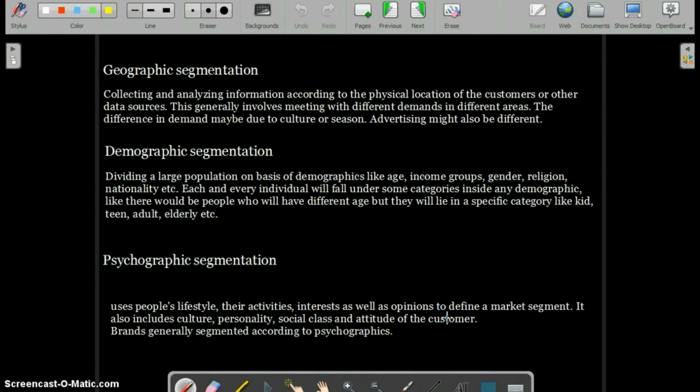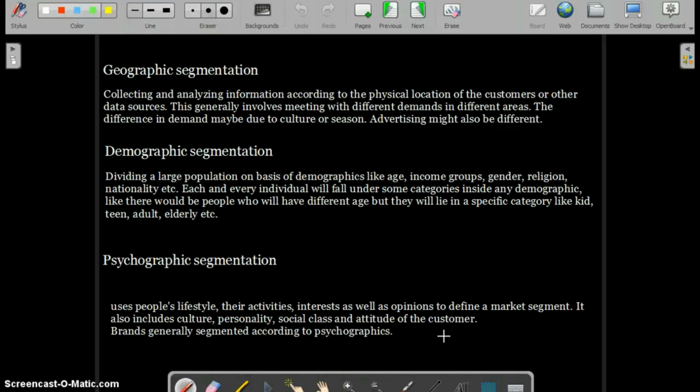For example, if you're dealing with cycles, you might sell to a subgroup of the market, people who are much more active in cycling, people who are more health conscious and do dieting, and are also interested in cycling, so you might produce that as well.